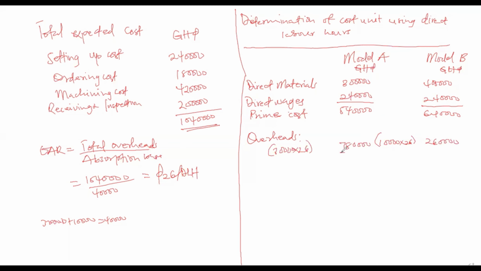So when we add our overheads to our prime costs, then we can get our production cost.